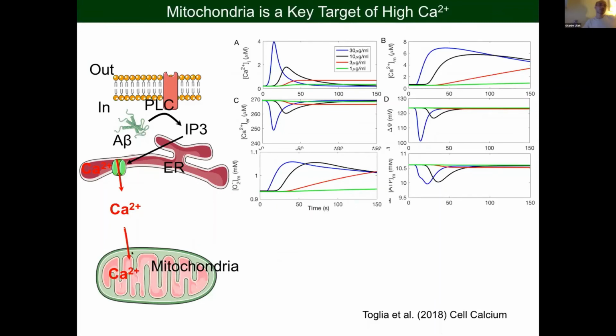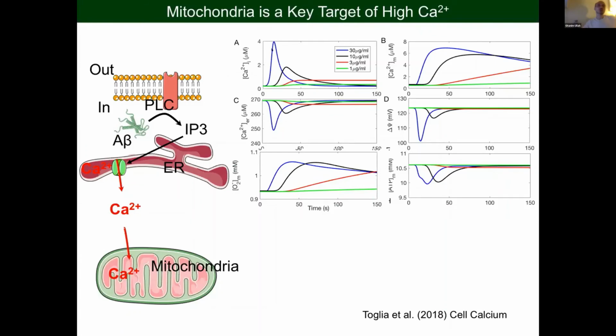It can affect ATP production, the energy production, in two different ways. It can increase the production of ATP through the TCA cycle, or it can decrease the production of ATP by depolarizing the mitochondria. In the case of Alzheimer's disease, the depolarization is more severe than the TCA stimulation.